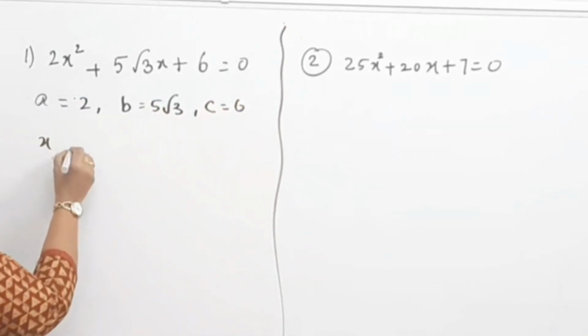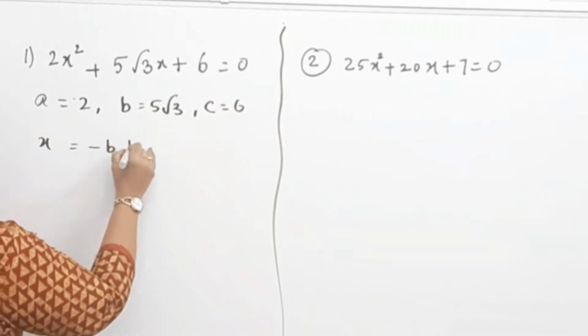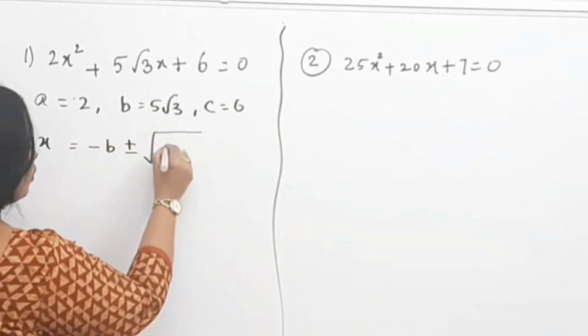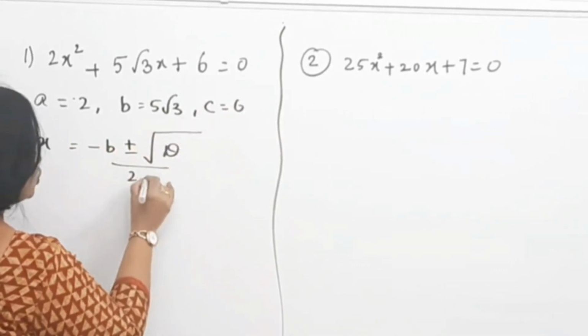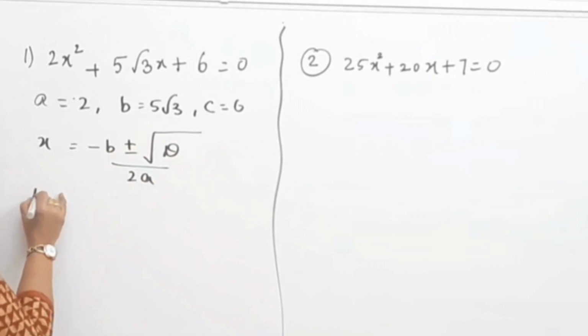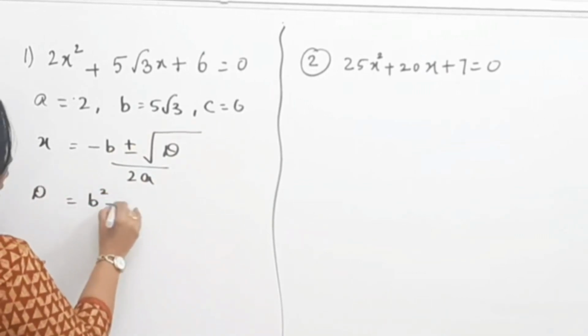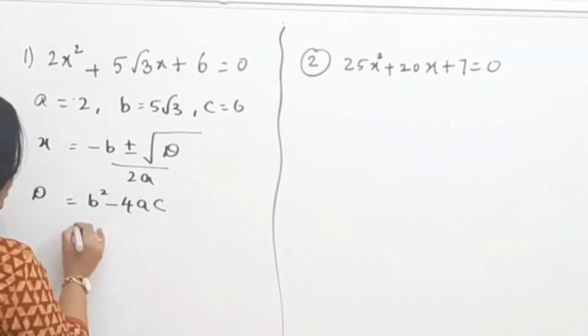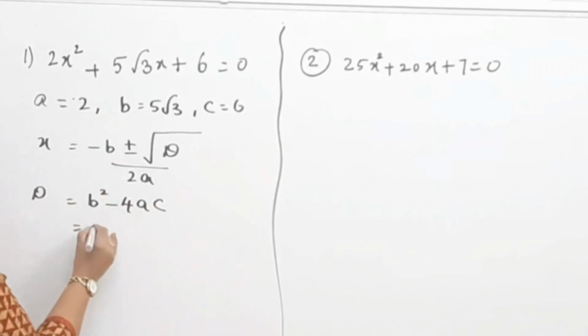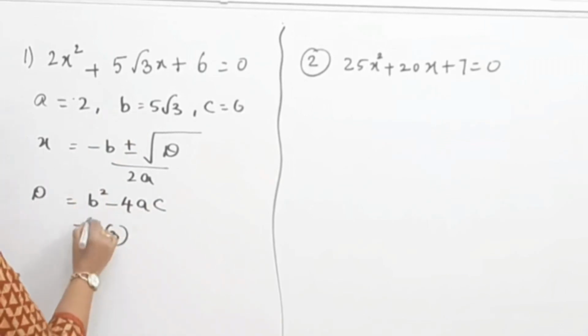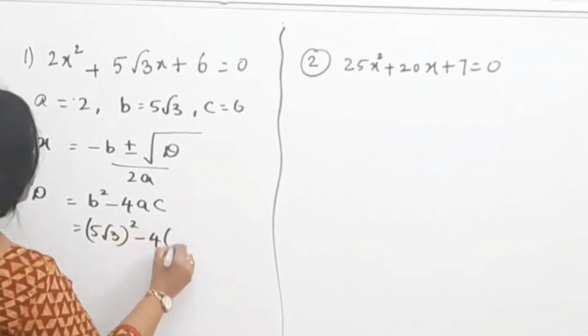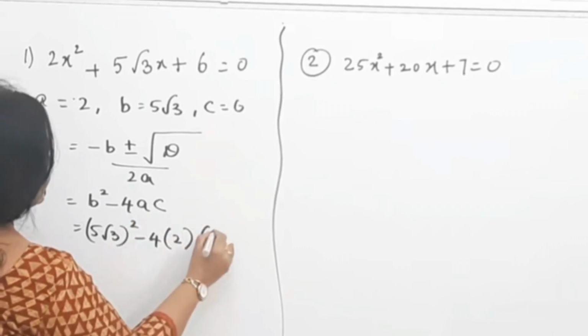Then you will write x is equal to minus b plus or minus square root of d divided by 2a. My d is equal to b square minus 4ac, the discriminant. So I am going to substitute 5 root 3 the whole square minus 4 into a is 2 and c is 6.